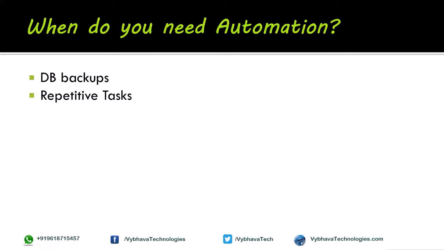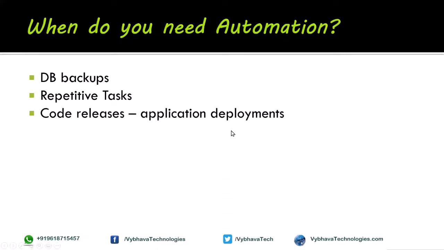Repetitive tasks, just like I told you: the need for reboots, the need for deployments, the complete application code build process. All these are repetitive tasks. Any code releases will be handled, and also patches, sometimes OS patches.